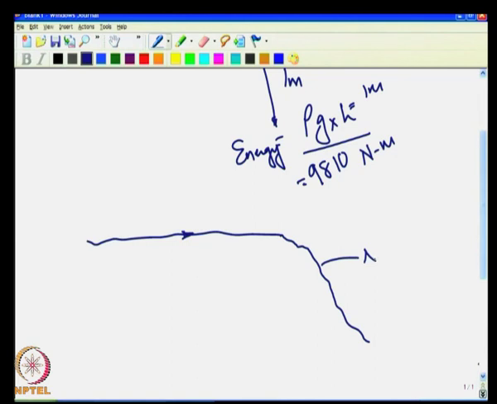So, this is a natural drop that is available, and you put a powerhouse here. So, you do not build any reservoir or any structures, major structures here to produce the power. So, this is the head that is governing.